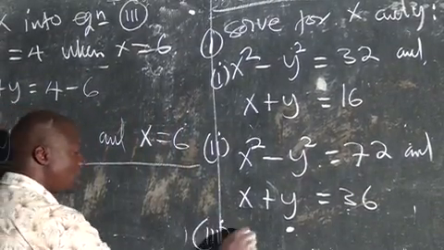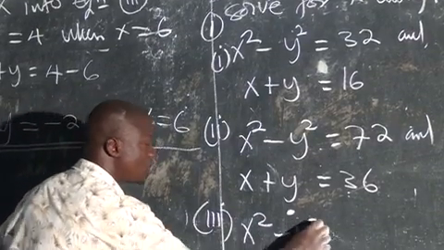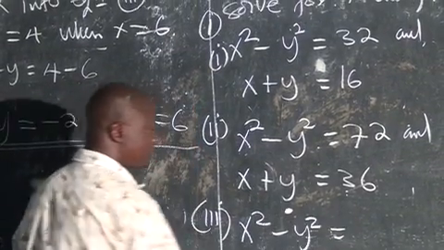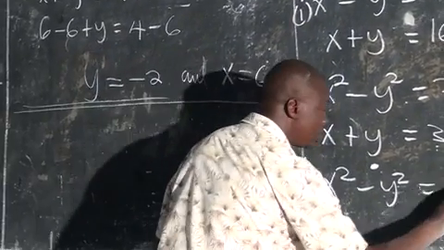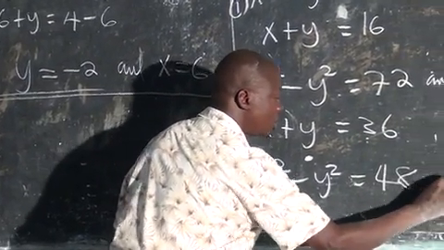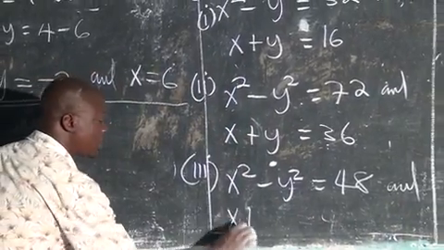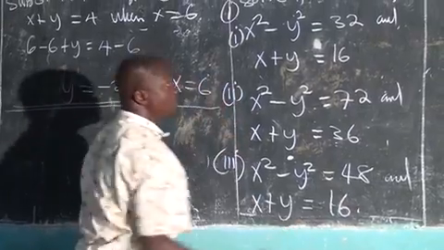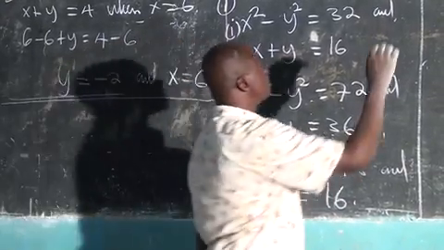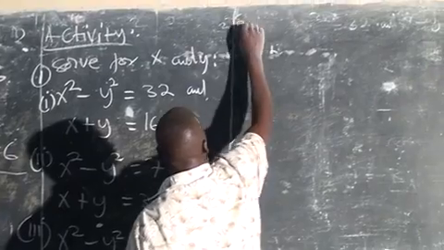Next, x squared minus y squared is 48, and x plus y gives us 16.